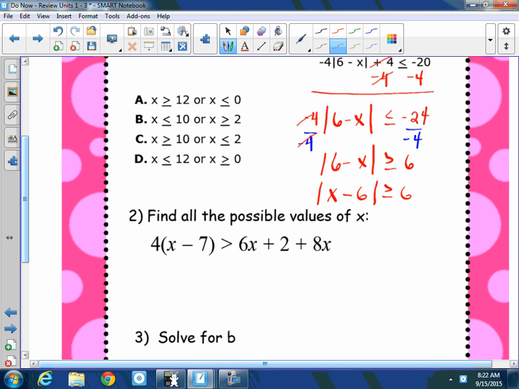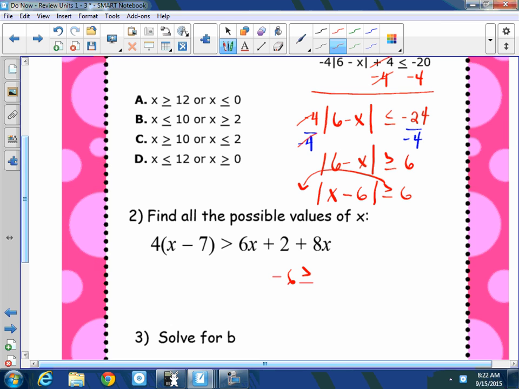Now remember, in front of that inequality, we put a negative 6. I'm going to start doing it over here, if that's okay, and then I'll replace it. So negative 6, you put that all the way to the front. You repeat it with the same inequality sign. You with me?